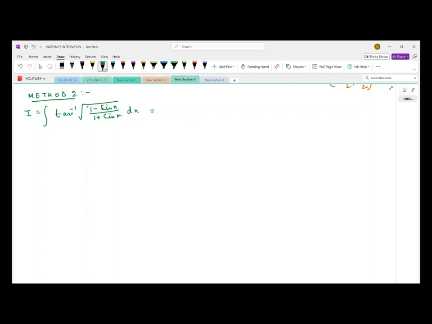That is this portion under the root. We are going to multiply numerator and denominator with 1 minus sin x. So then that will give me, here, 1 minus sin x, removing the square root sign. And here a plus b into a minus b will give you 1 minus sin square x, which is cos square x, and removing the square root you have only cos x dx.